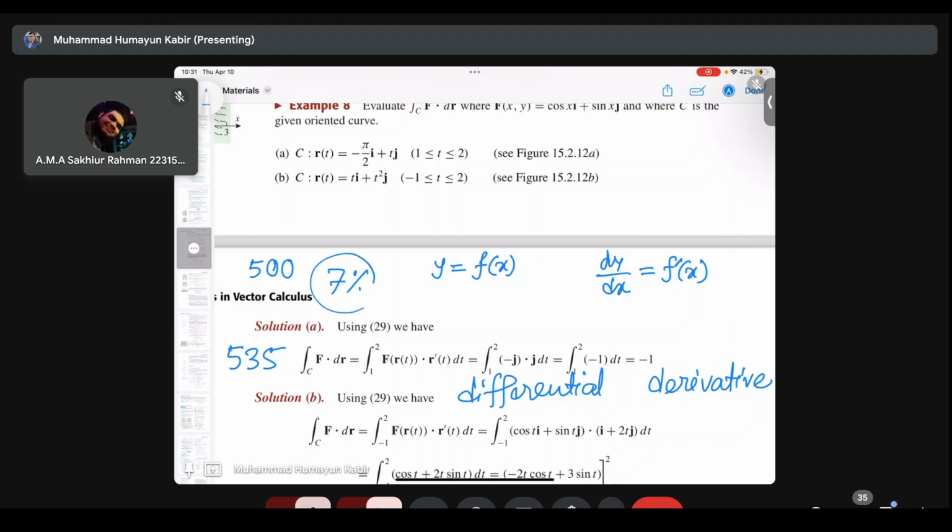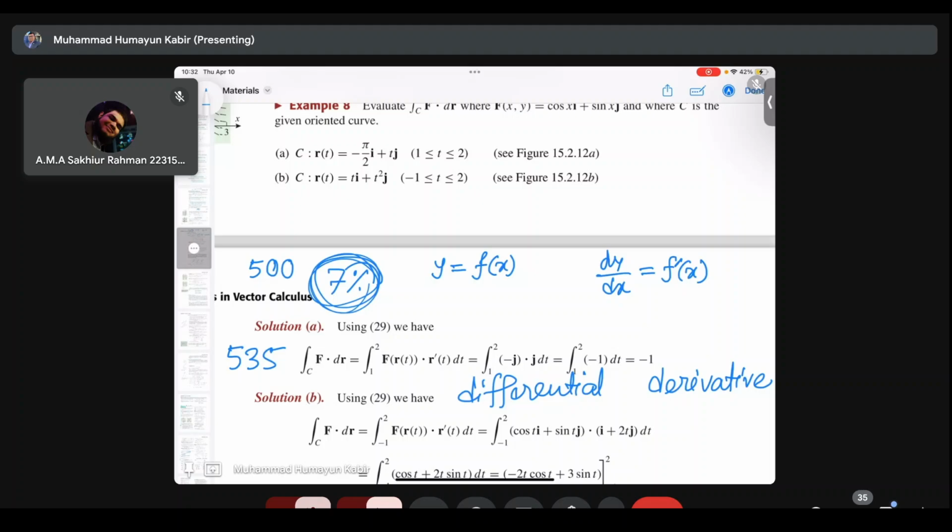Yes. This 7% is the derivative, the rate of change. Your money is changing according to the 7%. If it is 9%, it should be 545, not 535. That means your money is changing according to this rate. This is the rate of change, I mean derivative. And how much change do you have? You deposited 500, now you have 535.